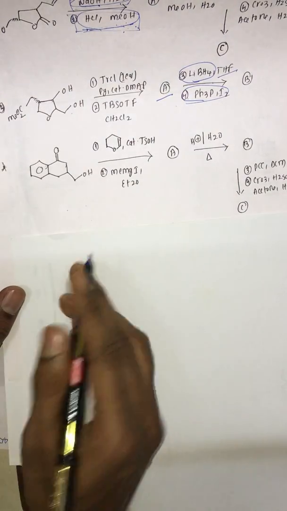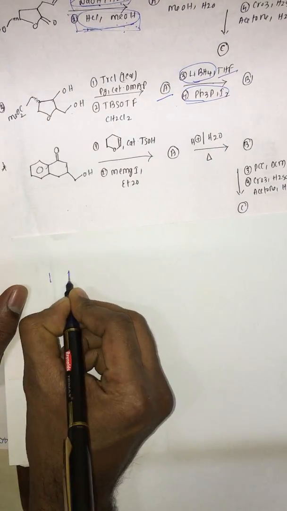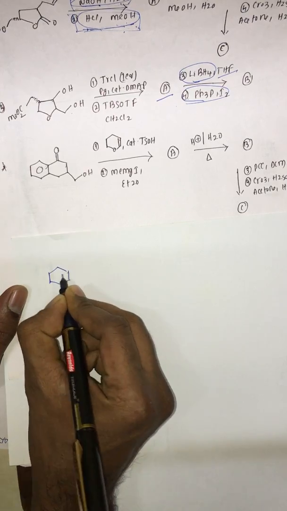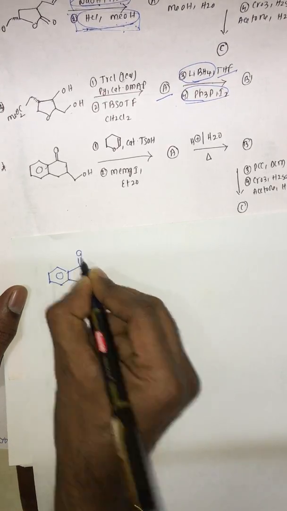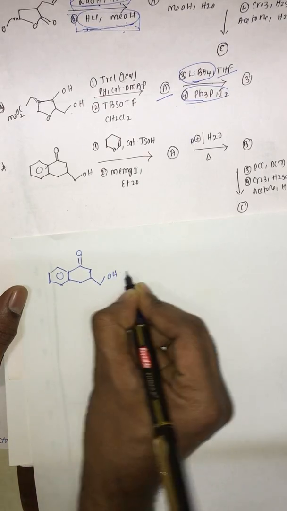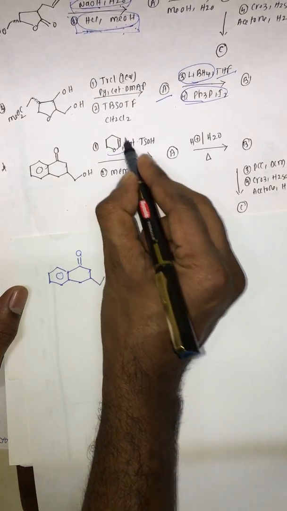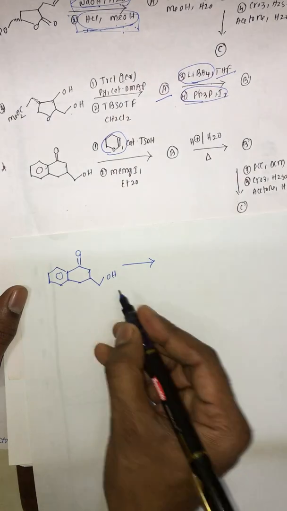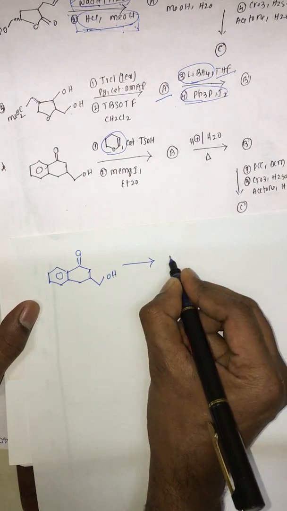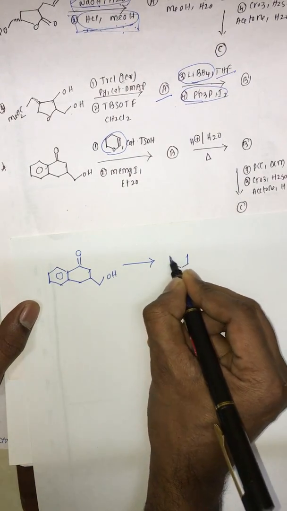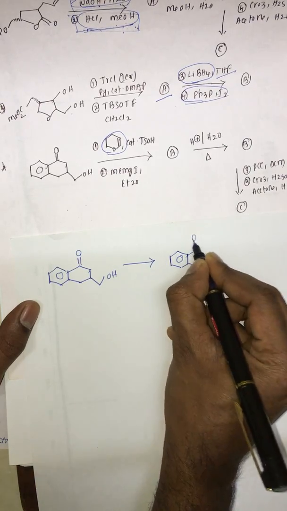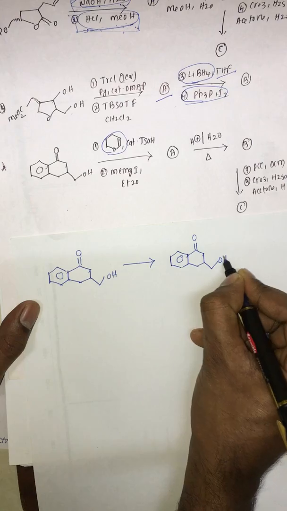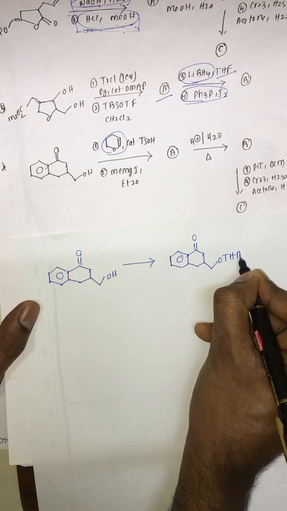Next we have the last reaction. So this one we can use as an alcohol protecting group. This is called tetrahydropyran. OTHP, tetrahydropyran.